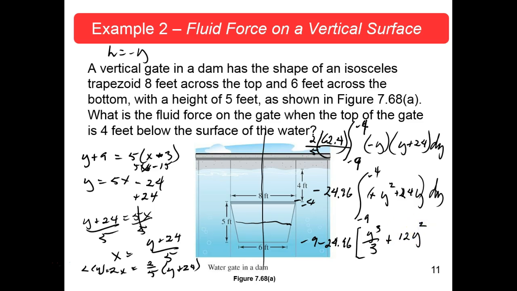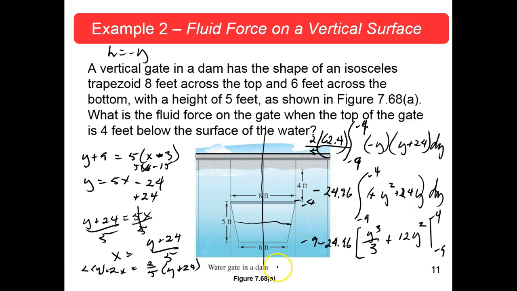It's 24y squared over 2, and 24 divided by 2 is 12. Got it? Sorry, I'm skipping steps because I don't have much room. And we're going to evaluate this from -9 to -4, which is going to be a real pain in the neck, but we'll do it.